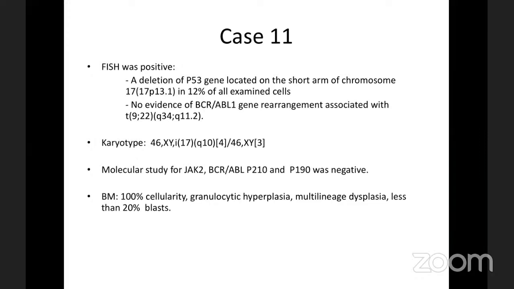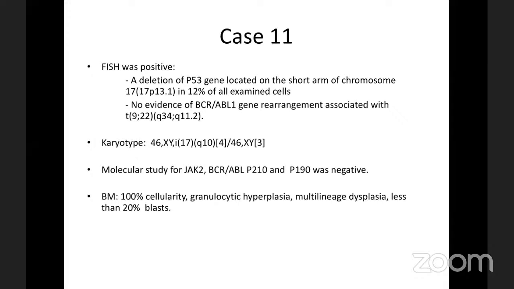abnormal FISH and karyotype with deletion P53. He was negative for BCR-ABL1, and the molecular study for JAK2 was also negative. The bone marrow done for him was found to be hypercellular, 100% cellularity with granulocytic hyperplasia, multilineage dysplasia, and less than 20% blast.